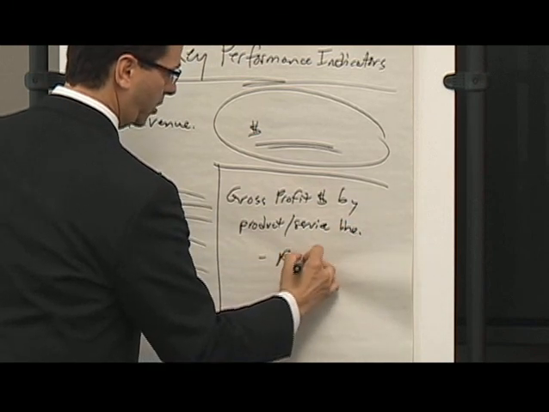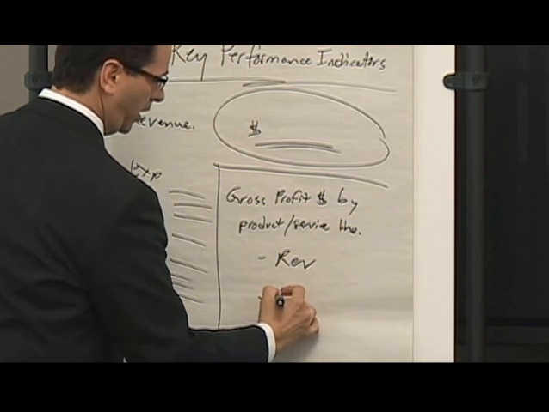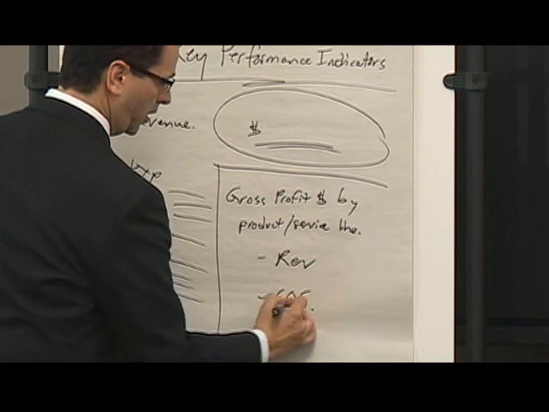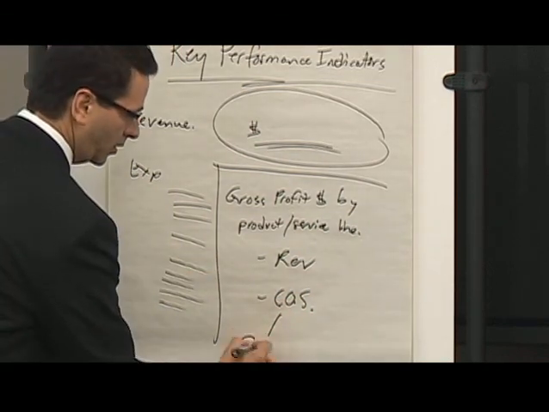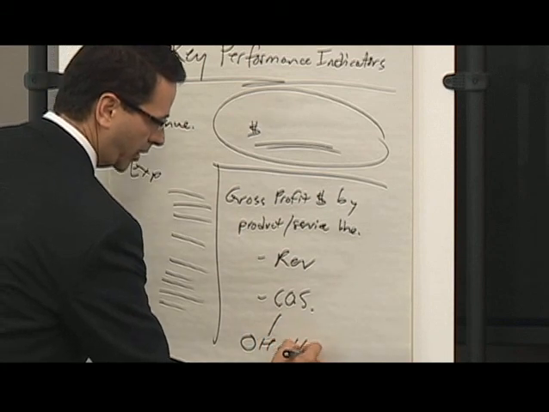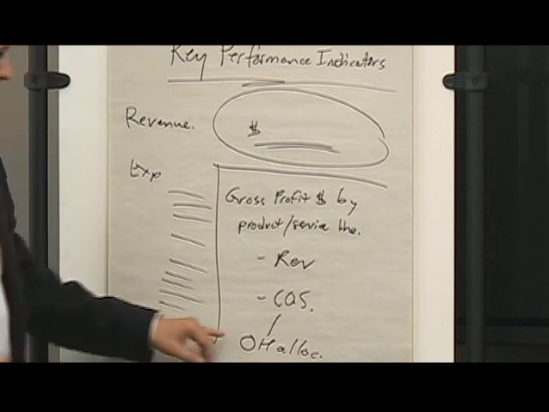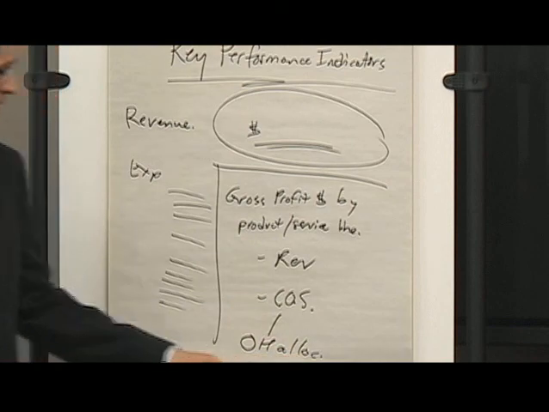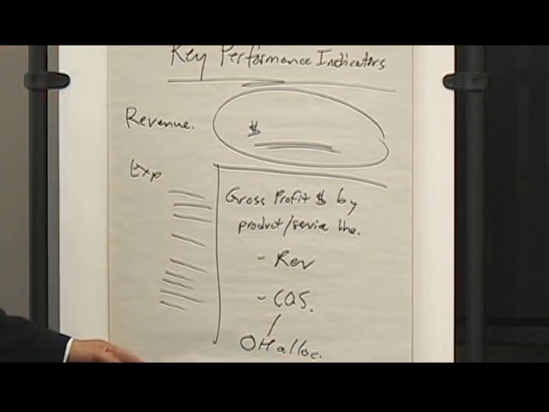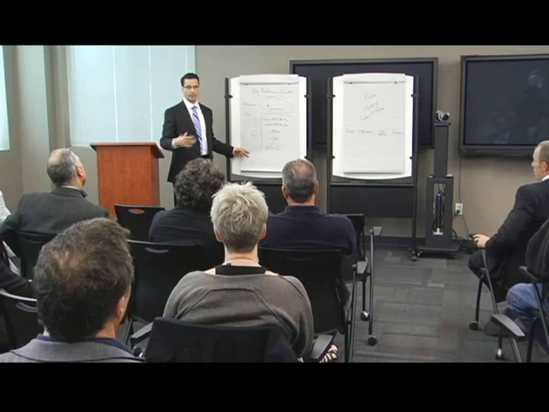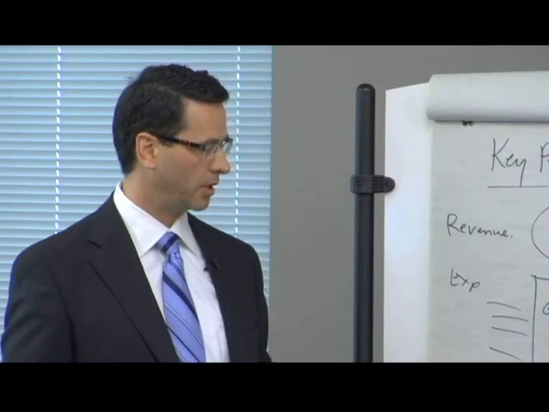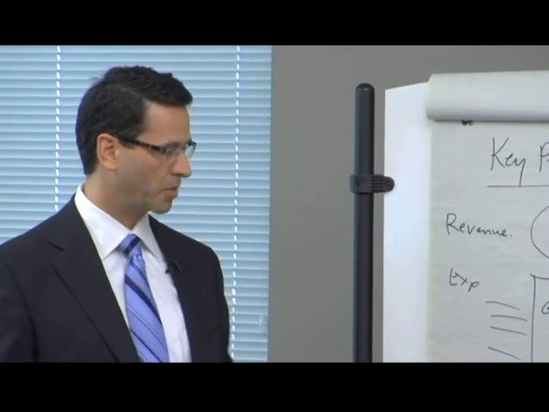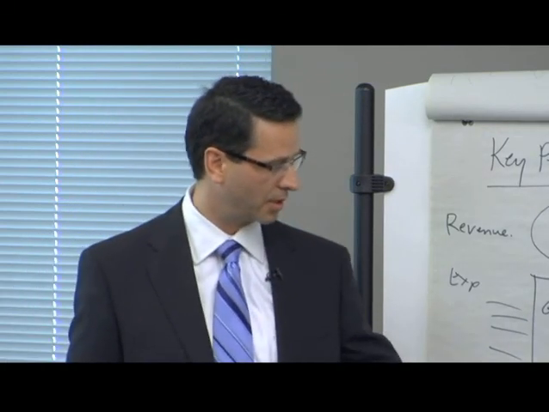To establish that, you need to know the revenue, and then you need to know the cost of sales. The cost of sales includes an overhead allocation to establish your true cost. Your overhead, all the non-chargeable stuff here, divided by whatever your unit of activity is. If it's hours billed, if it's units produced, then you just take that, divide that, and stick it in here.